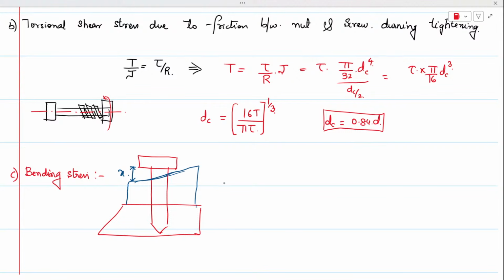So bending stress is given by sigma by y is equal to E by R. This is the bending equation we will use. Here, instead of y, the distance from the neutral axis, y will be equal to x by 2.